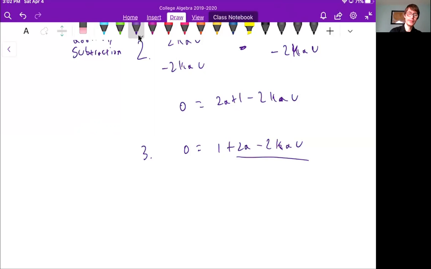I can pull out an a. So I'll do 0 equals 1 plus, and I'll factor out an a and just write what's left: a times (2 minus 2ku). All right, and now I'm almost done.